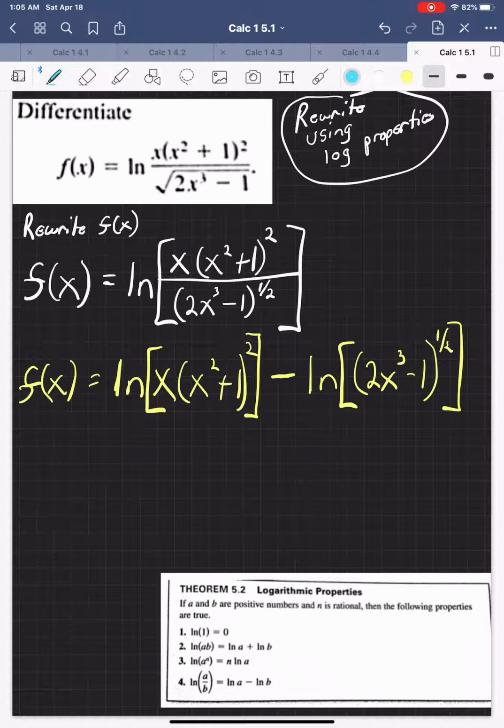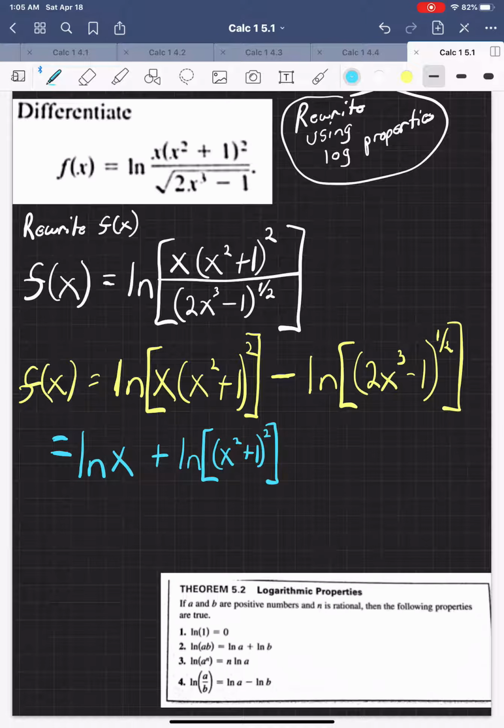That gives me, A is going to be x, so that's going to be ln of x plus ln of (x squared plus 1) squared. All right, and I still have my minus ln of (2x cubed minus 1) to the power of 1/2.